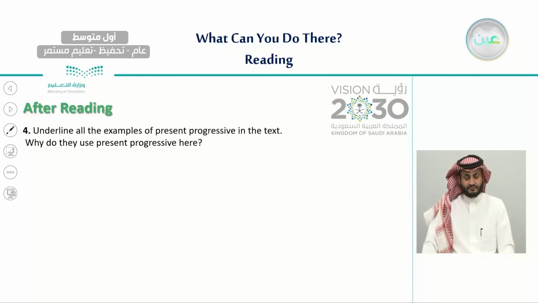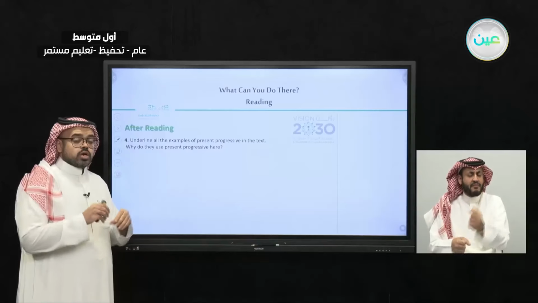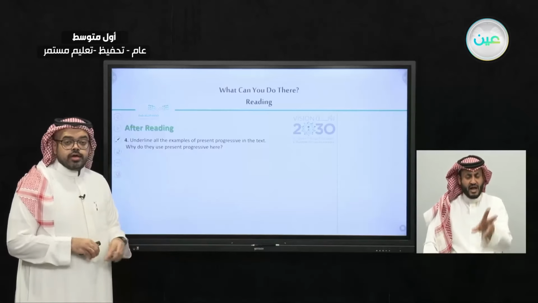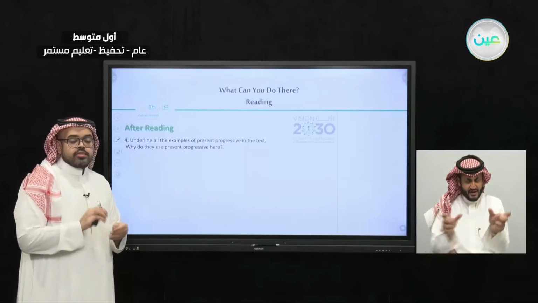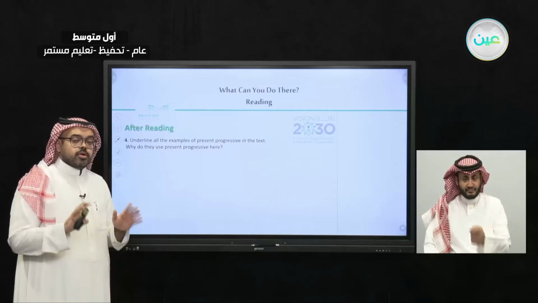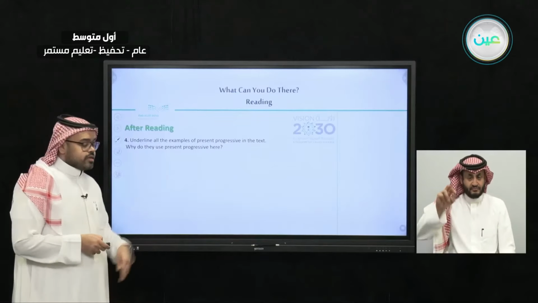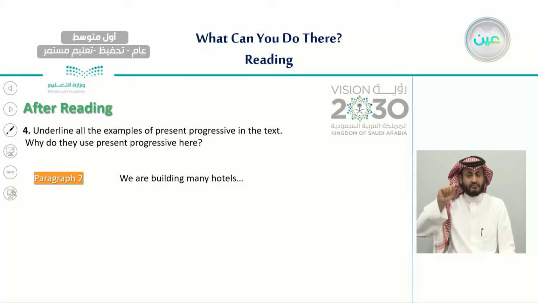And now, underline all the examples of present progressive in the text and why do they use present progressive here. So here we're going to elicit some sentences that were written in present progressive tense. For example, in paragraph 2, we can see this sentence, we are building.